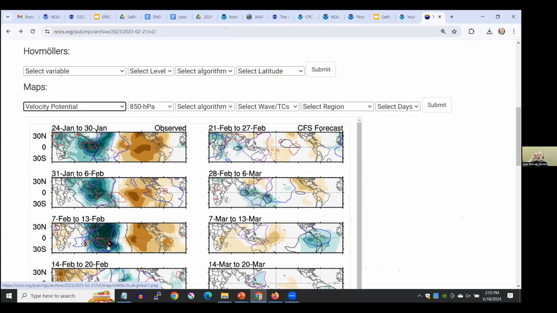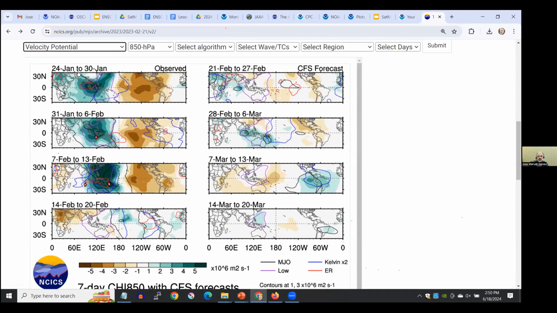This is called wave one because it's only one divergence and one convergence across the globe. What I'm looking at in the image here is that we do have a wave one in this period, even more pronounced between February 7 and 13: a Madden-Julian oscillation that has an upper divergence over the maritime continent and upper convergence over the Americas, right?